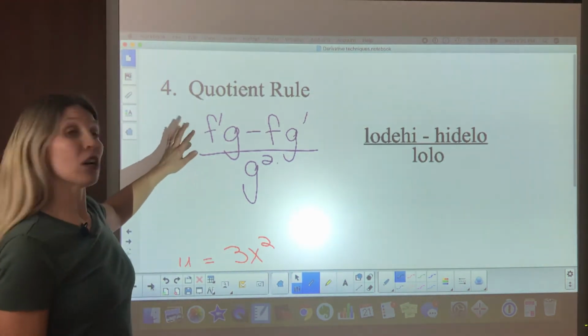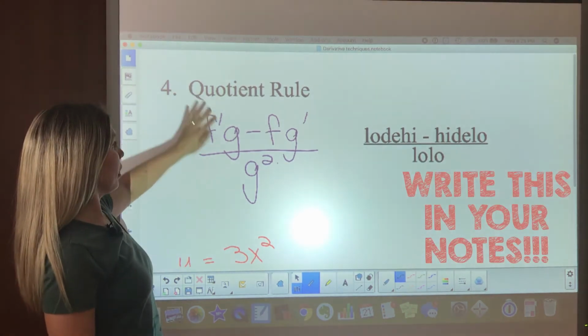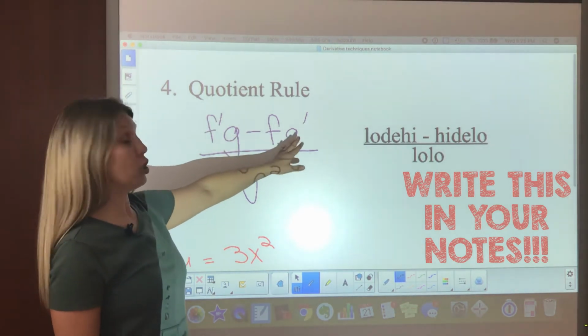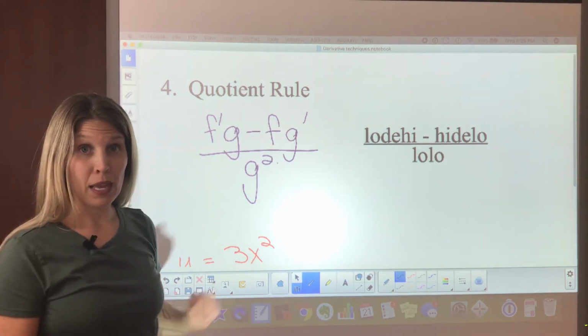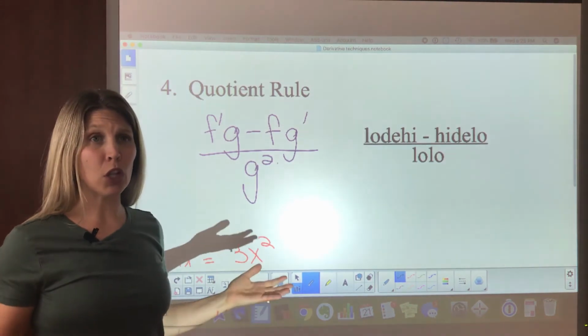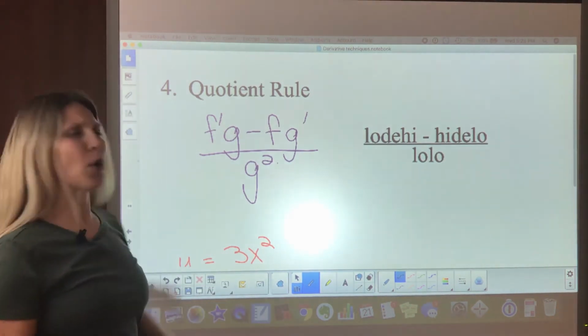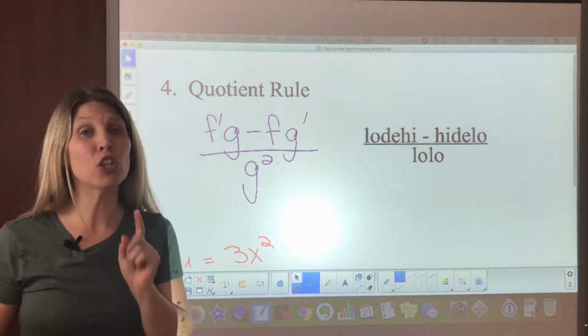In the numerator, to find the derivative of a fraction, you're going to take f prime times g minus f g prime all over g squared. That's a lot to remember. But low d high minus high d low all over low low just seems to roll off the tongue, does it not? Okay, maybe not, but it will stick in your brain and you will remember.